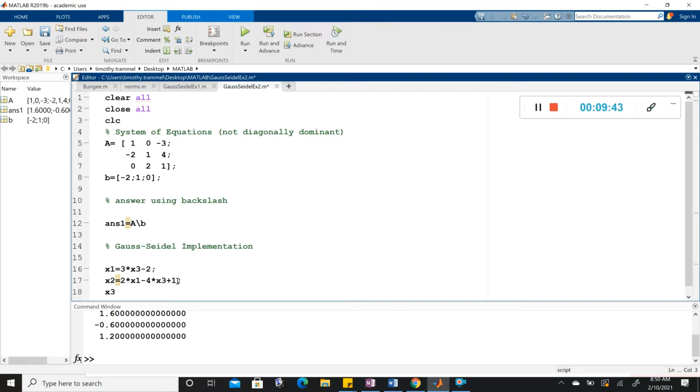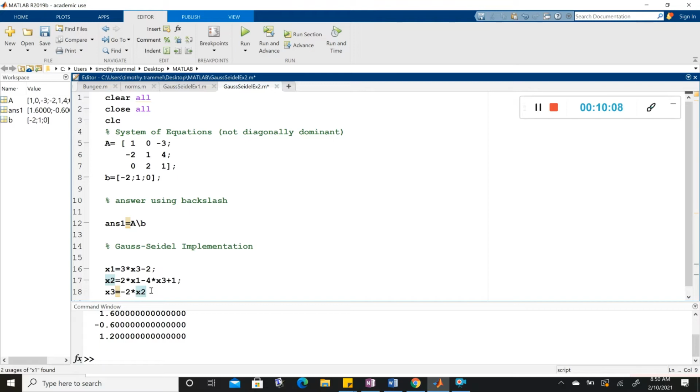And then x3, which is equal to 2 times x1. Oh, sorry. x3 is equal to minus 2 times x2. There's no constant, and so this is actually it for x3.